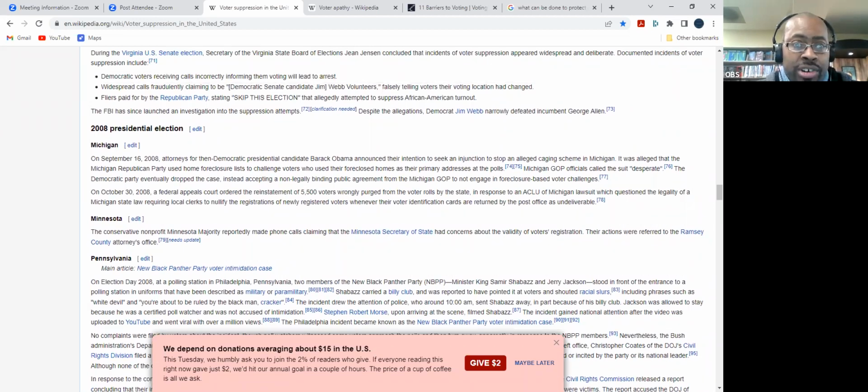Like when Barack Obama was running for president in 2008, his campaign filed an injunction to stop an alleged caging scheme in Michigan. It was alleged that the Michigan Republican Party used home foreclosure lists to challenge voters who used their foreclosed homes as their primary address at the polls.